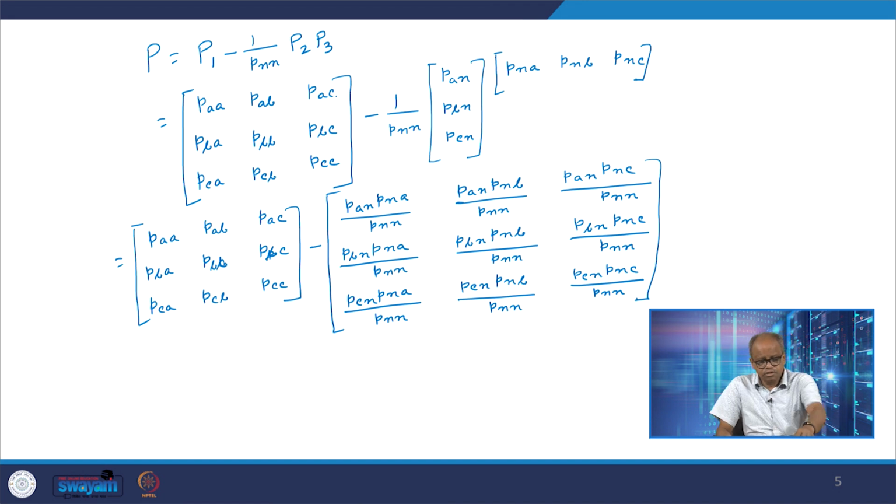So all the elements of this final P matrix would be less than this P1 matrix. Now, because all the elements of this final P matrix are less than the original P1 matrix, if we take the inverse of this final P matrix, the values of the capacitance matrix would be higher, because the values of this P matrix would be lower.